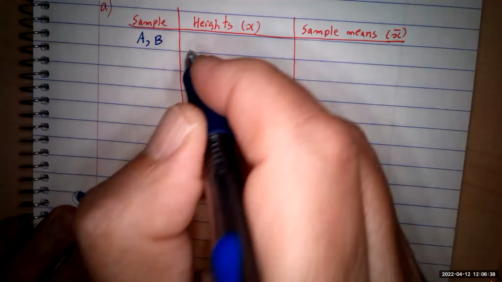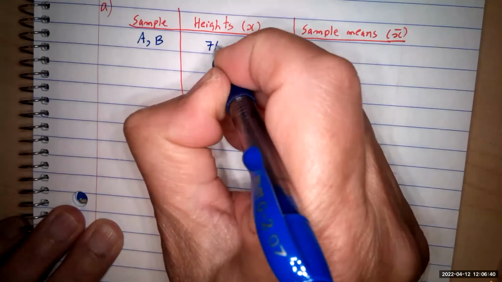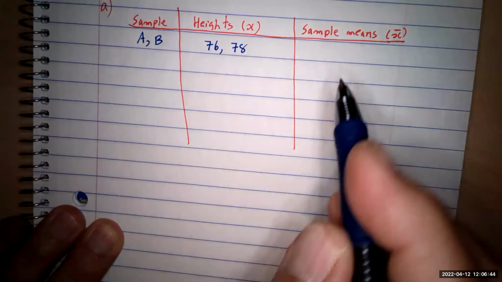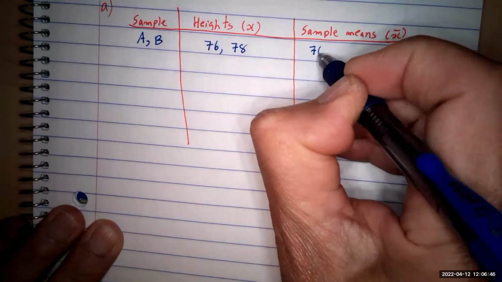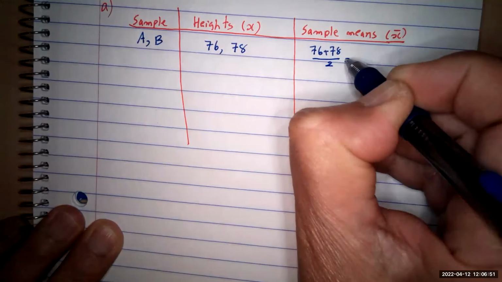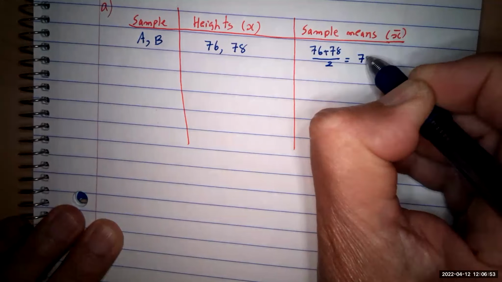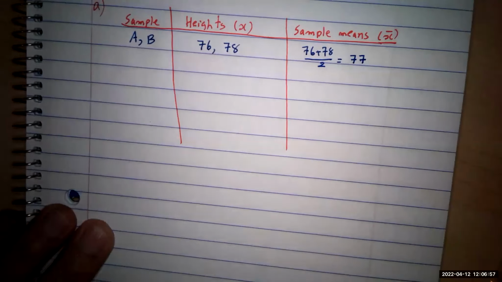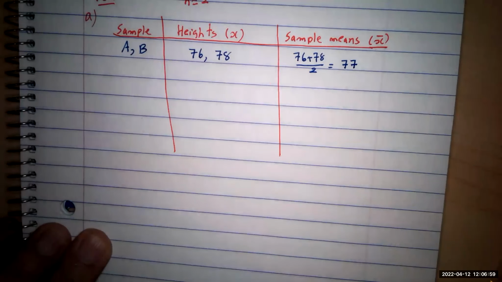So my first choice is A and B. I check their heights, 76 and 78. Then I find the average: 76 plus 78 divided by 2, which simplifies to 77. So that's the mean of the first sample. Any question?